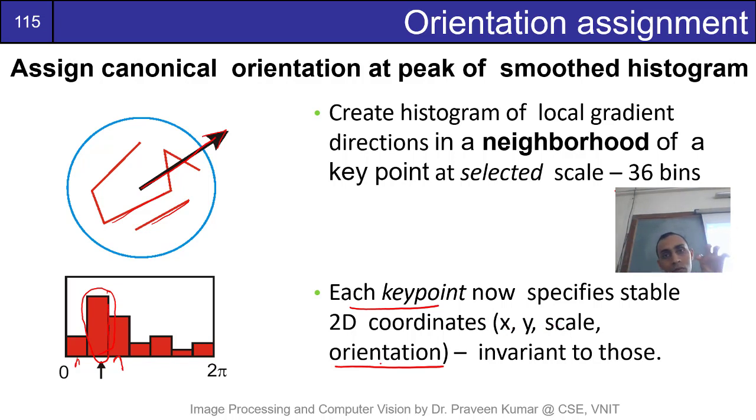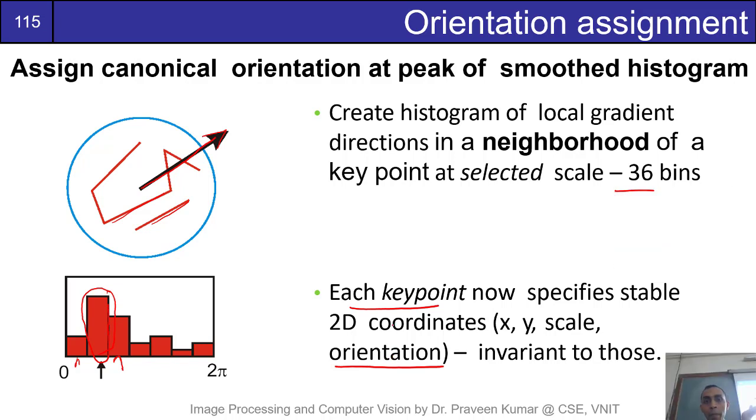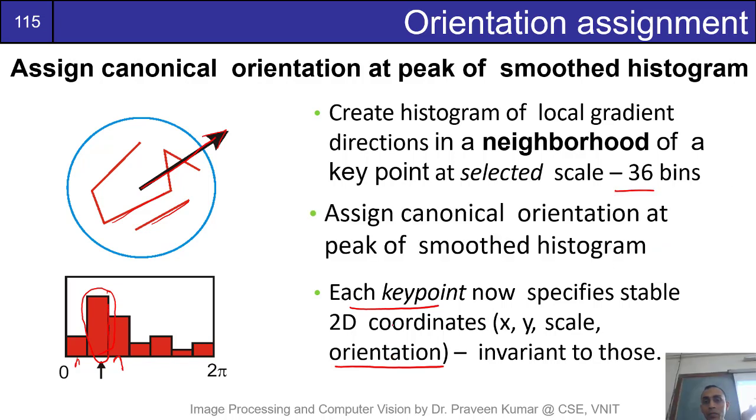Now finding the dominant orientation and making that our new reference direction, we'll also make it invariant to rotation. As I was saying, they will do a smooth histogram and then assign the canonical orientation at the peak of the smooth histogram.